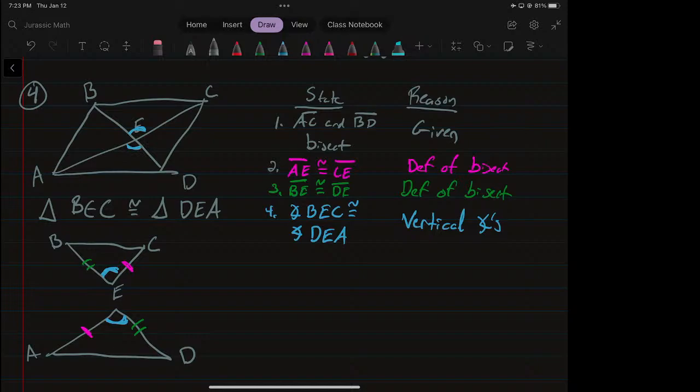And then finally, step 5, BEC is congruent to DEA by side angle side. And that's how you would prove that those two triangles are congruent.